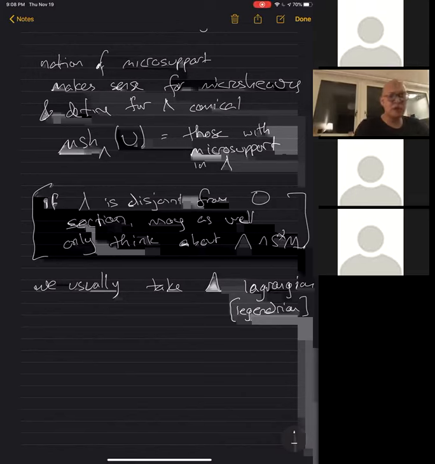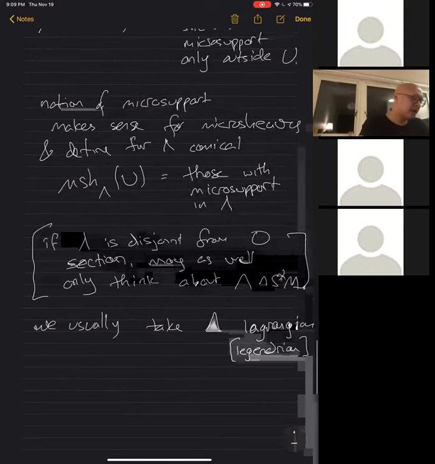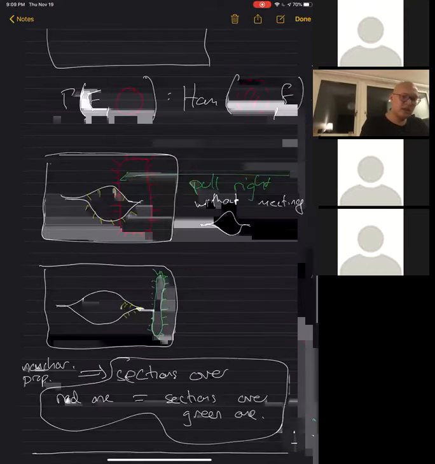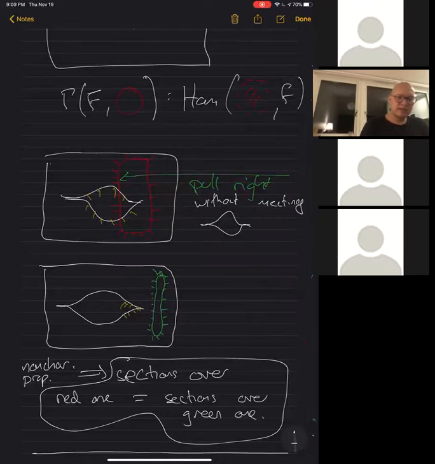But let me make a remark, which is that what makes this whole theory work is this non-characteristic deformation lemma. And I don't know how to formulate the analog in this Bailenson Saito setting. Over complex numbers, it has a nice incarnation in terms of differential equations and non-characteristic directions.